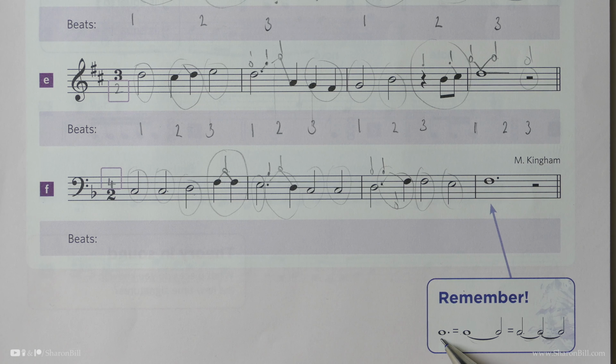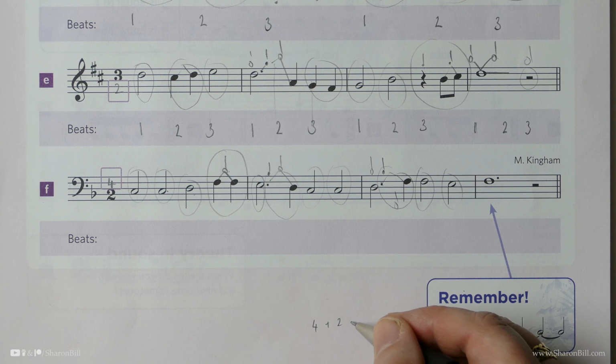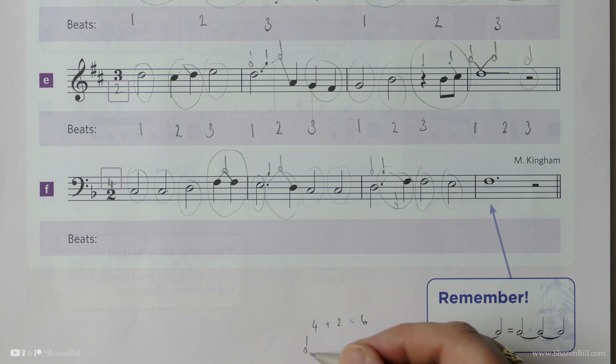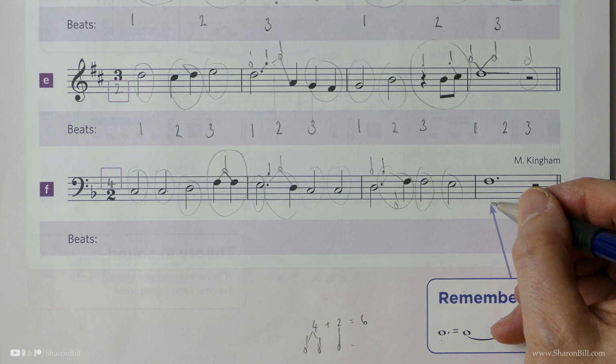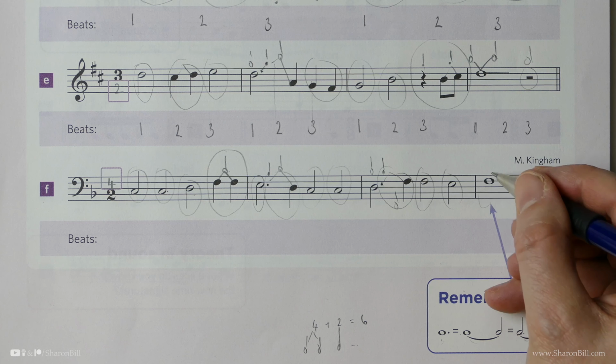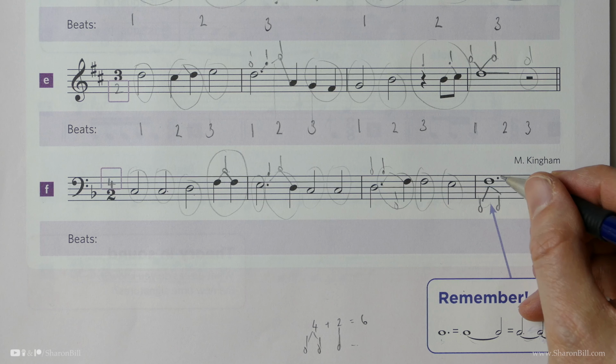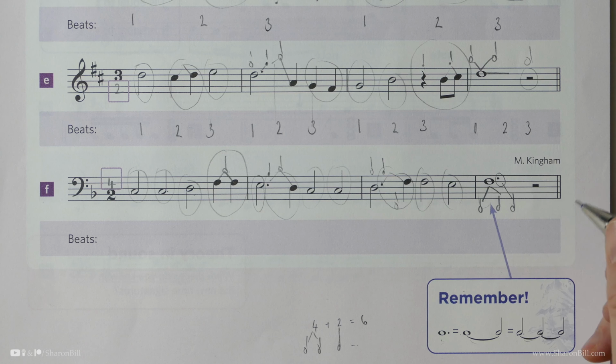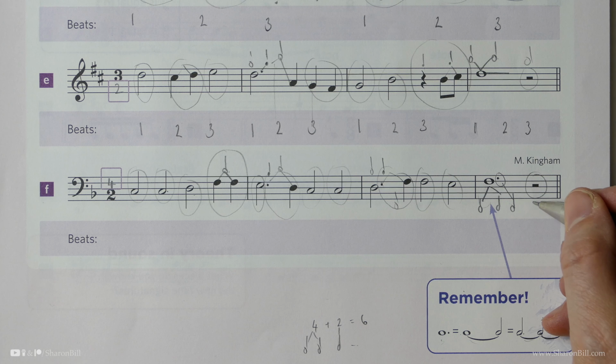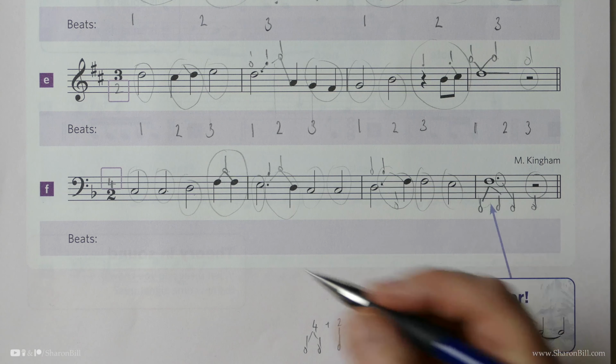So we've got kind of 3 minim beats, 6 crotchet beats, because a semi-breve is 4 plus 2 is 6, or we have 1, 2, 3 minim beats there. So there is beat 1 and beat 2, and then this is beat 3, and then here is minim beat 4.